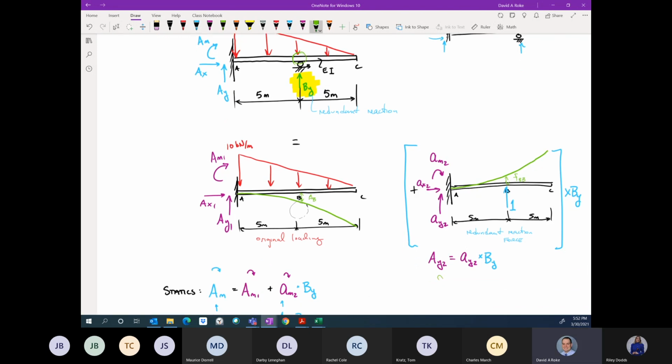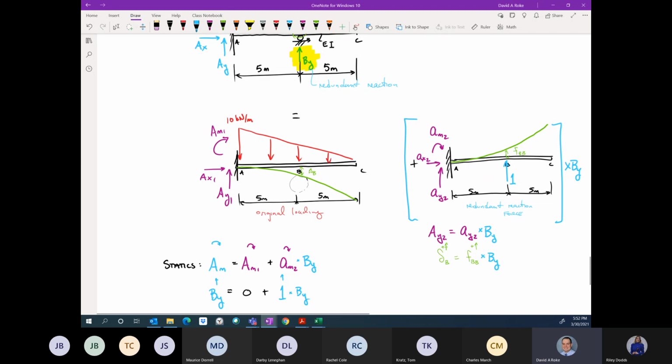And we would have said that lowercase delta b, which is positive upward, is equal to FBB, which is also positive upward, times By. Again, you can just put By there and calculate lowercase delta b, whatever works for you.